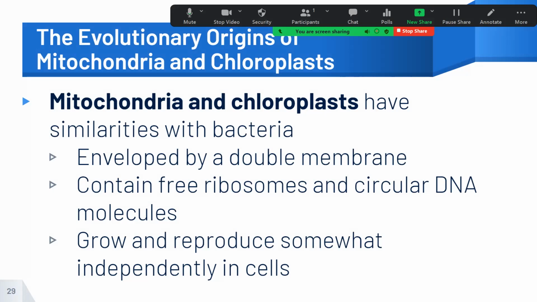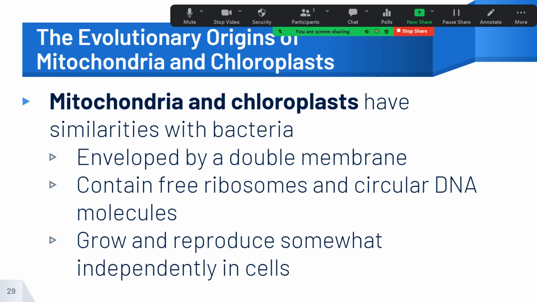But both of those are double-membraned organelles, and they tie eukaryotic cells to prokaryotic cells when we look at evolution. And we'll get more into the endosymbiotic theory when we get to evolution.